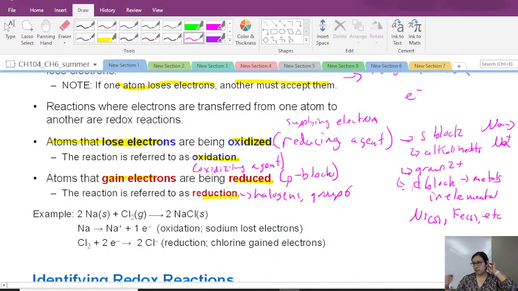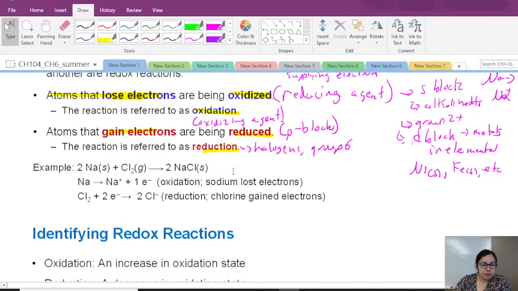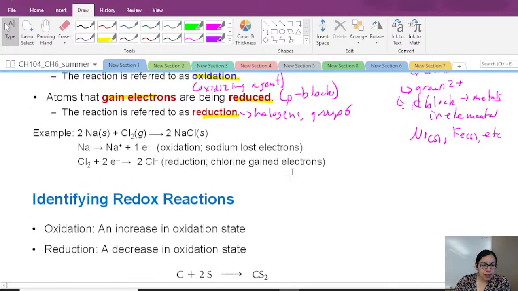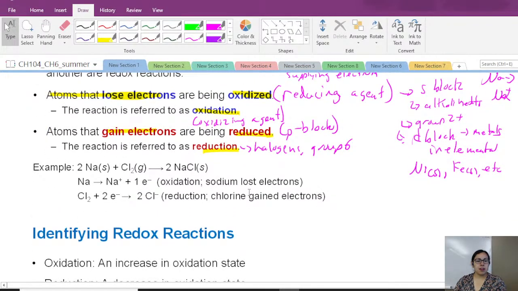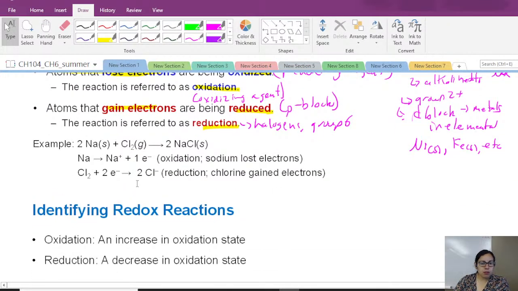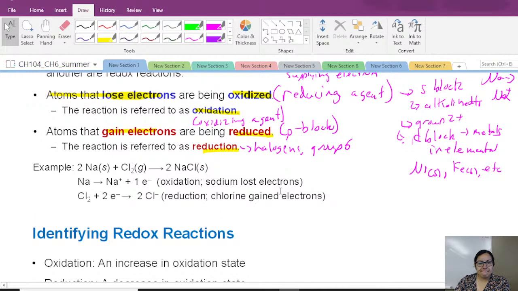Yeah, so they receive the electrons, so they're being reduced. That's just weird. If they receive the electrons, they're called oxidizing agent, yeah. They do the oxidizing.